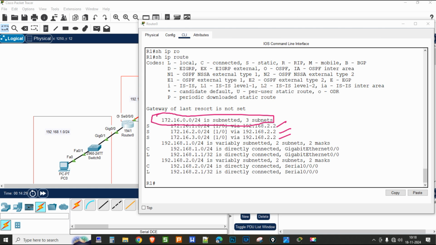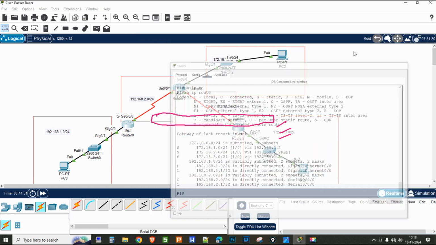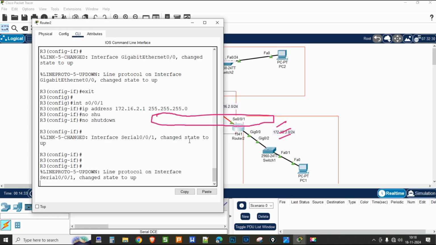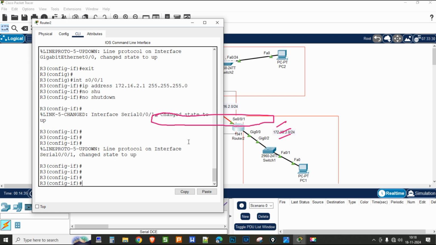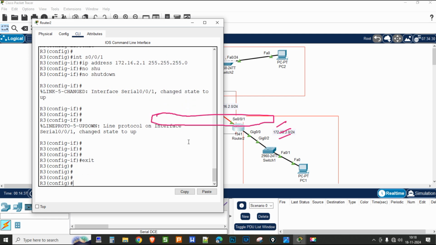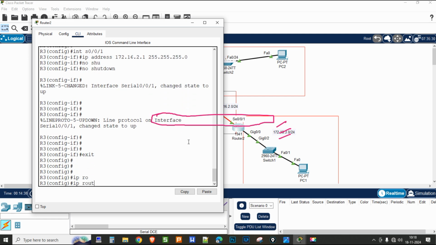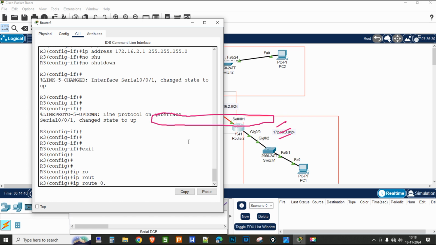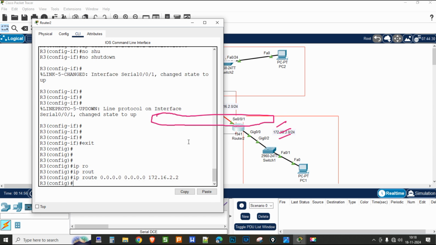The last one is the default static routing. IP route 0.0.0.0. It does not know the exact destination network, so we need to type the default static route to the ISP router towards 2.2.